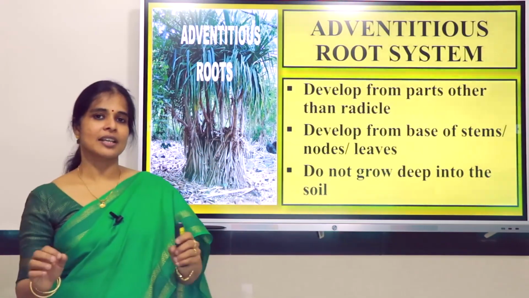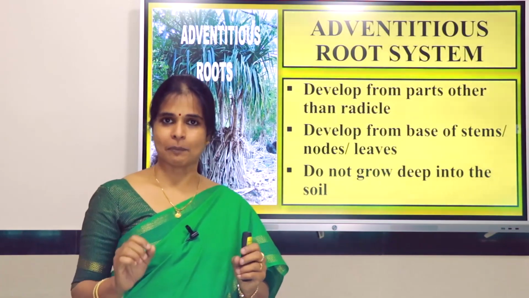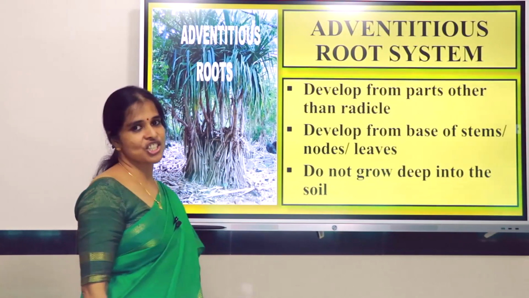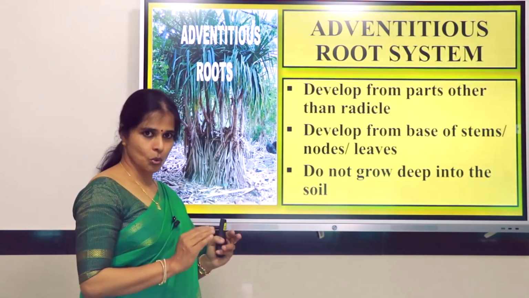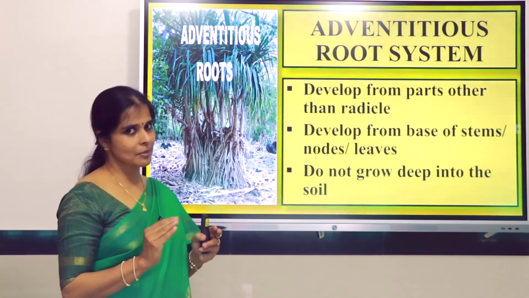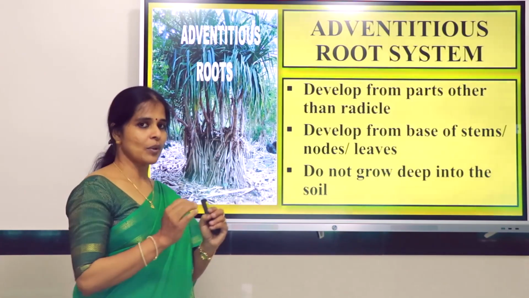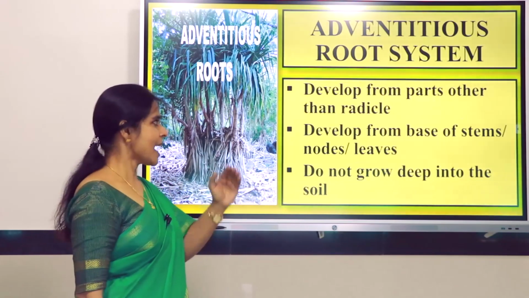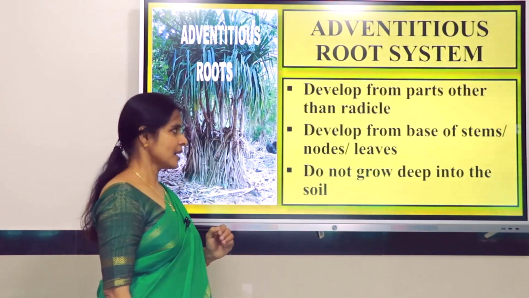Any time the root is developing from parts other than the radicle, it is known as adventitious root. Adventitious roots are similar to fibrous roots, but we have taken them out from the fibrous root as they are not developing from the radicle.